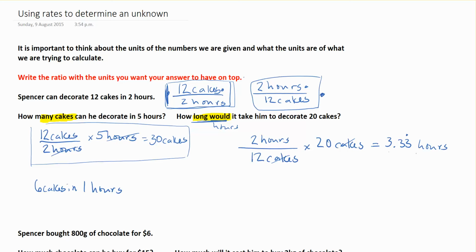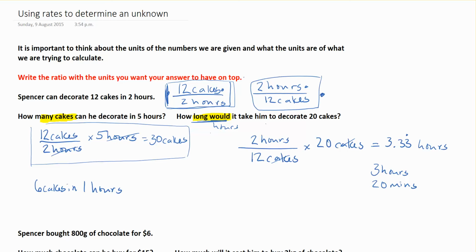So it's going to take him 3.33 hours. Or another way to write that could be 3 hours and 20 minutes. So that 0.33 repeating is a third of an hour, and a third of an hour is just going to be 20 minutes. So two ways that we can write that.